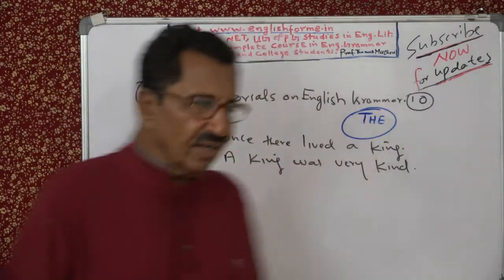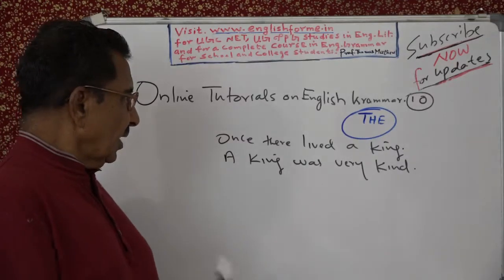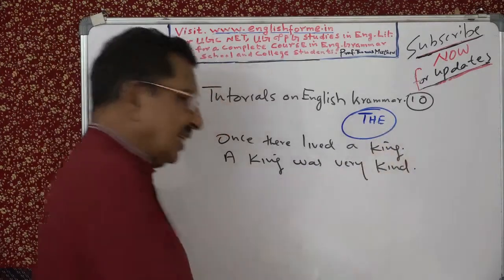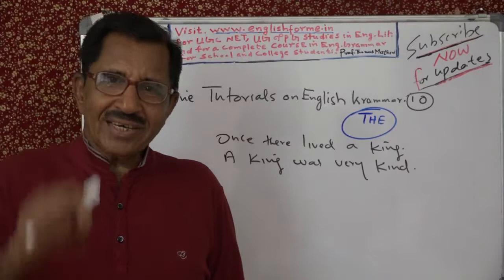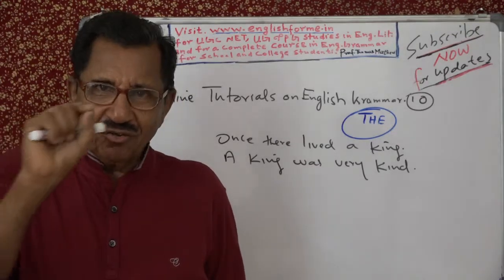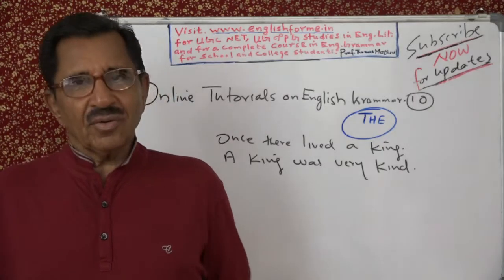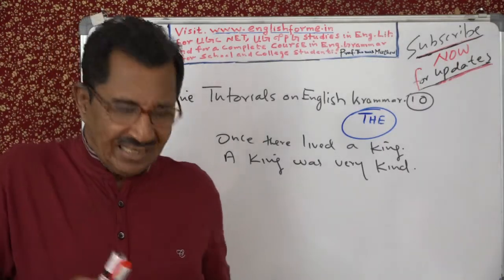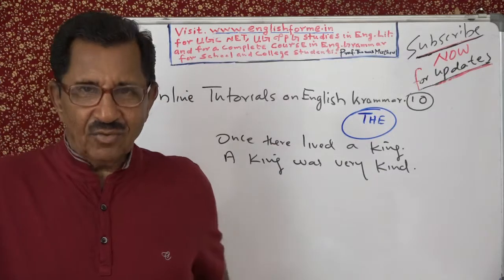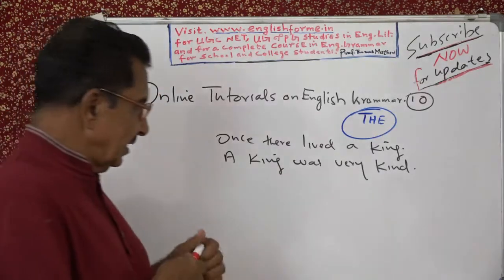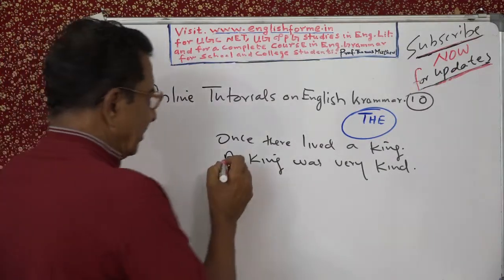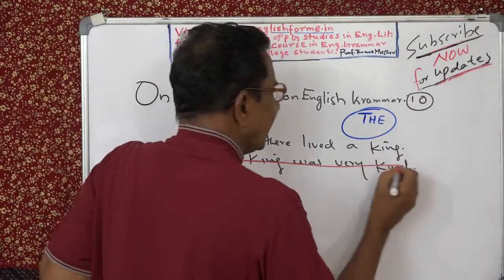So suppose you are going to talk about this king in the first sentence. We have already used it first. First use we have made of king. Suppose you are going to speak about that king again, you cannot say like this. If you say like this, there will be no meaning at all.